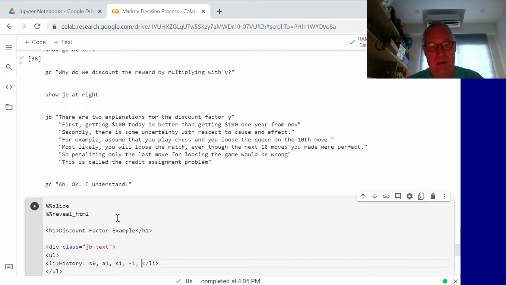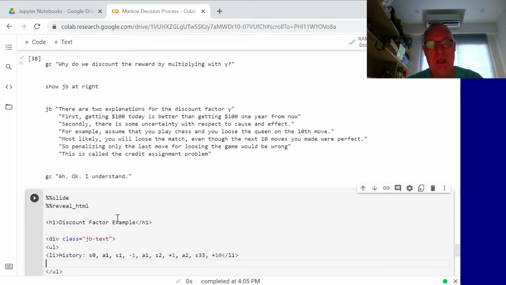And then I execute action 1 again, and then I end up in state 2, and I get $1, and then I execute action 2, and I end up in state 3, and I have to pay $10. Right, so here's some episode that my agent was executing.